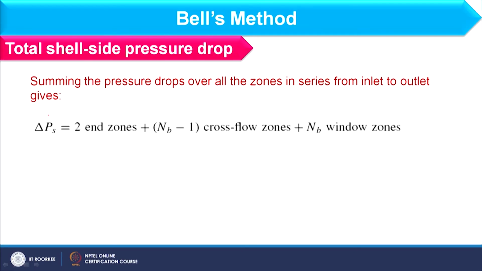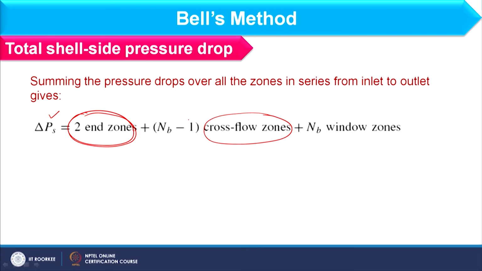We have delta PS, that is the pressure drop in the total shell, and each shell will have at least two end zones. Okay. How many cross flow zones will there be? If you remember, previously we counted the number of baffles as 7 and the number of cross flow zones as 6.